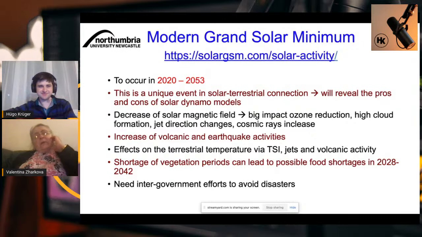Yes, people can make predictions for their own reasons, and this is why it is very difficult to persuade other people that you are right and they are not, because everyone wants to be famous. So people suddenly come up with, oh, it will be a reduction, like Abdussamatov, the guy who works at the Russian Pulkovo Observatory.